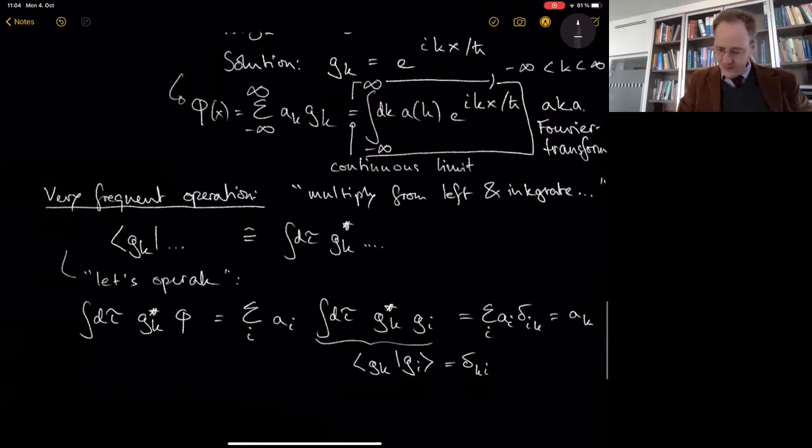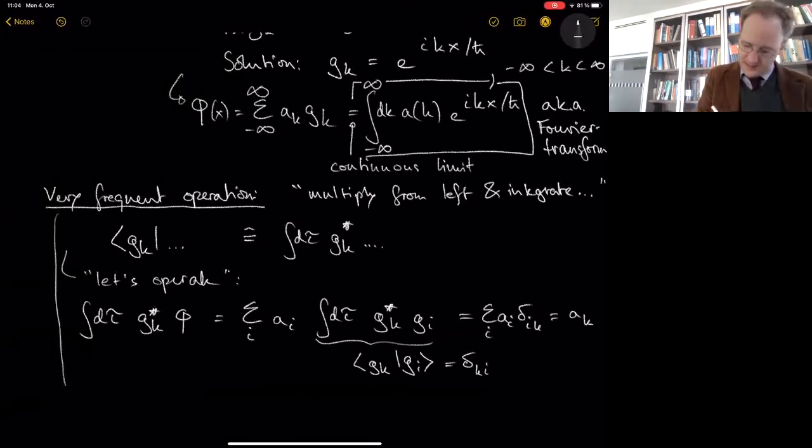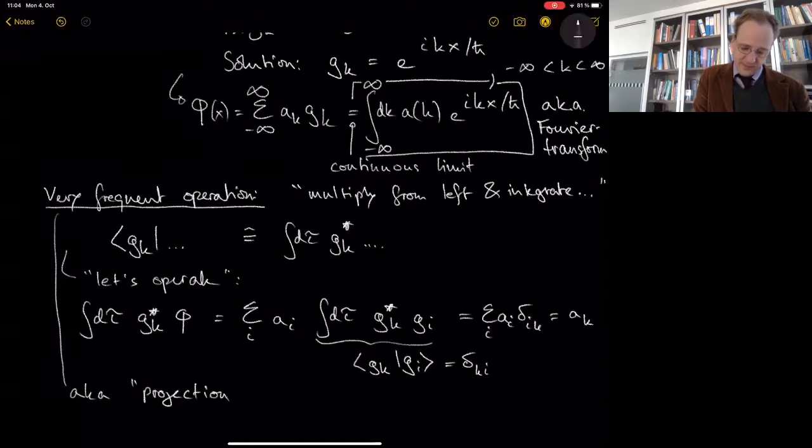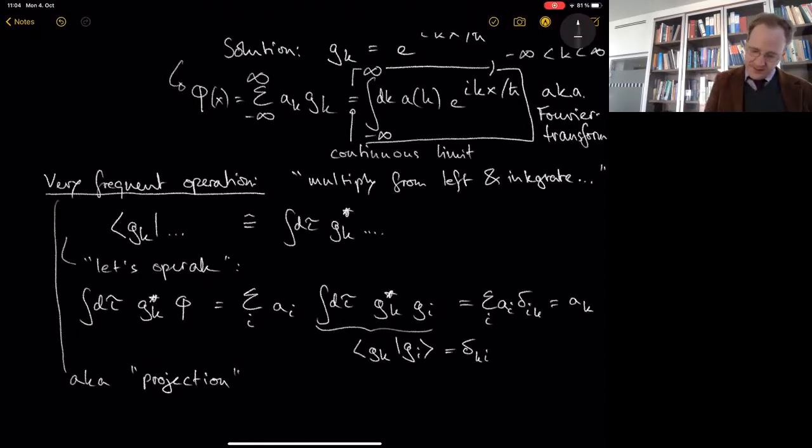Now that whole thing is also known as projection. You also say AK is projected out.